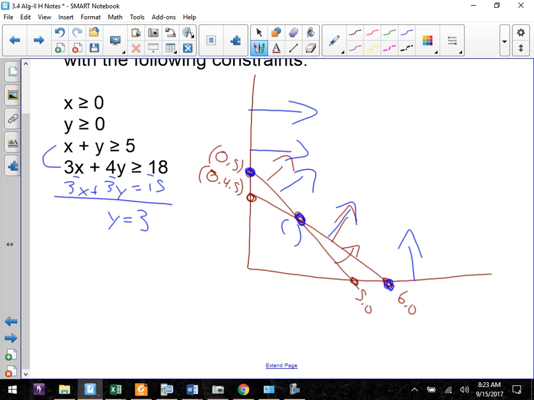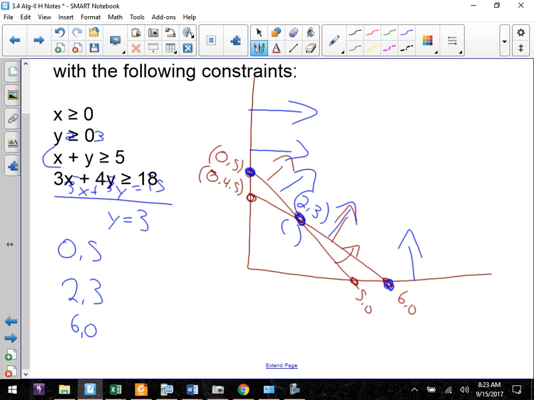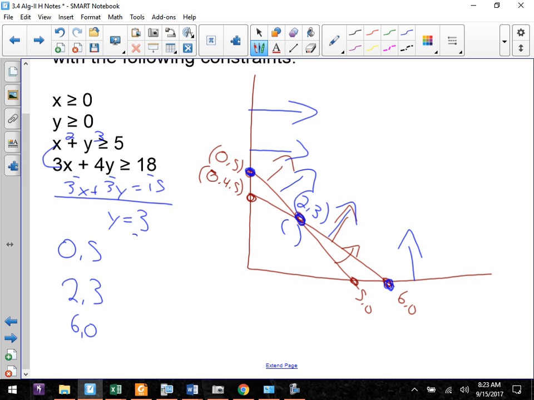You okay with that? So if y equals 3, x will equal 2. So I have 3 points to check: (0, 5), (2, 3), (6, 0). And the function was 5x plus 6y. And then go from there. So that's how we set these things up.